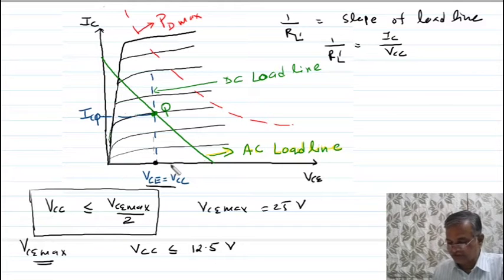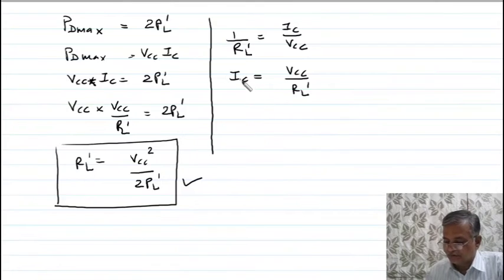So this is also VCC and this is VCC. You can see in the previous lecture you have taken, 1 upon RL dash is equal to IC upon VCC. So I can write IC is equal to VCC upon RL dash. So I am putting this value here, and I can get another relation. Now this is very useful for designing your class A transformer coupled power amplifier.